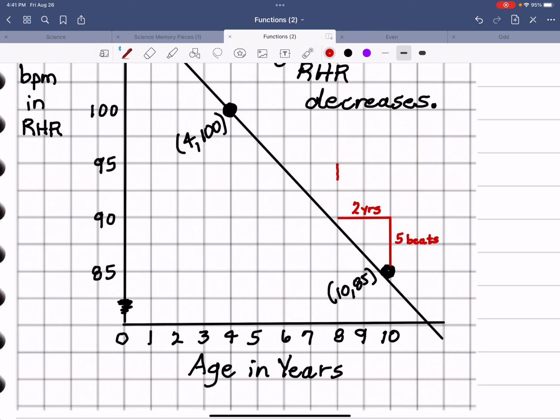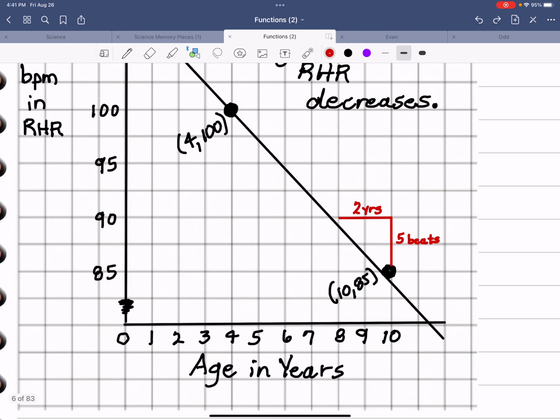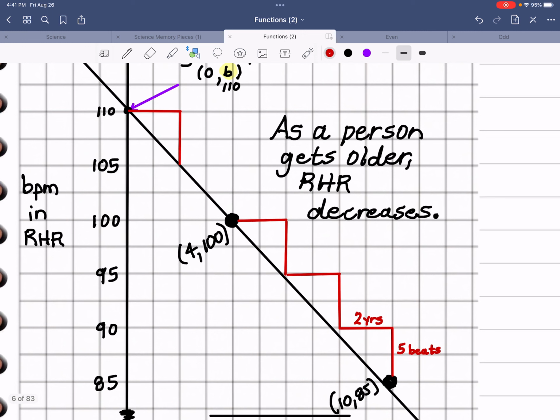And then I back up again, 5 beats in 2 years. 5 beats in 2 years. And we already built that step.